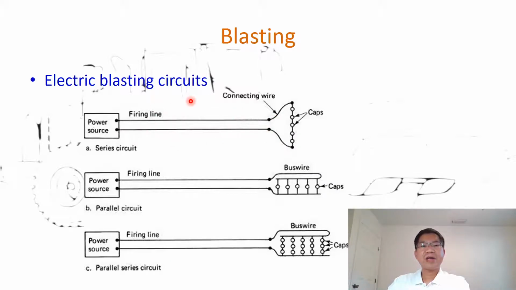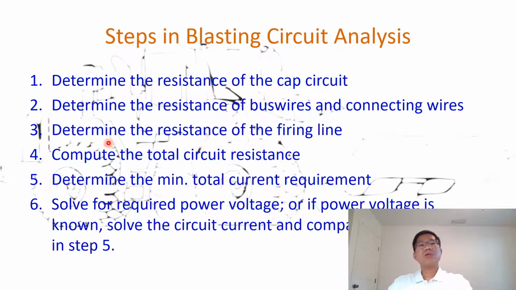This is the firing line, and the same applies for other types of circuit. And when you have those 3, you can go to step 4 to compute the total circuit resistance, basically adding those already determined in the first 3 steps, and then we determine the minimum total current requirement for the whole circuit. How to do that I will talk about in the next slides.